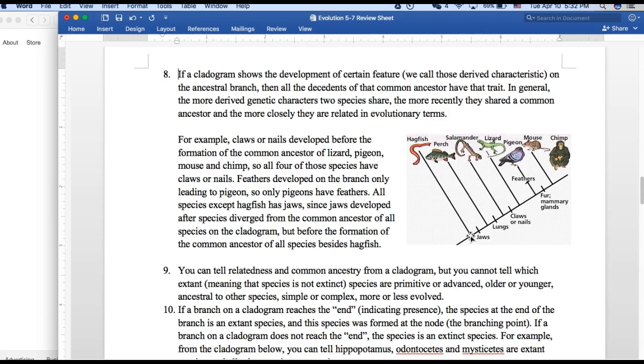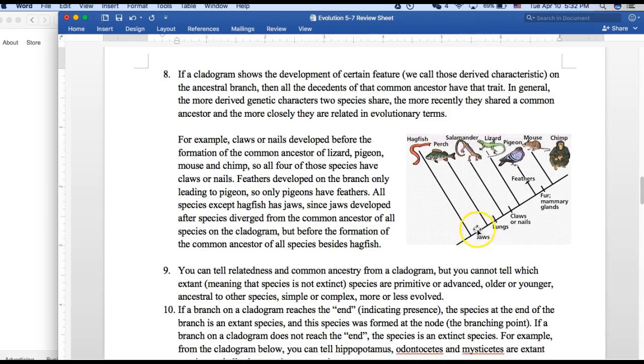So from this common ancestor, we send out two branches, one this way and one this way, right? The hagfish branched out before jaws were able to develop, and jaws are only developed along this branch. So this common ancestor is evolving, and then at one point developed jaws.